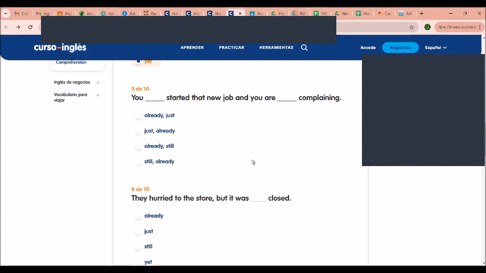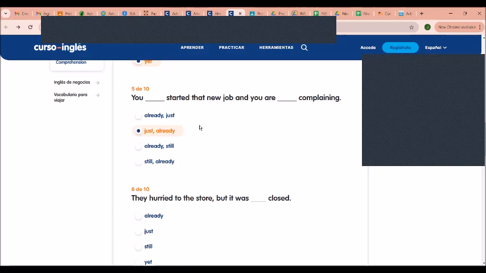Oh, yes, I think it is already, just. You already started that new job and you are just complaining. The other way around. Acabas de iniciar ese nuevo trabajo y ya estás quejando. Right. So the other way around. It's new.